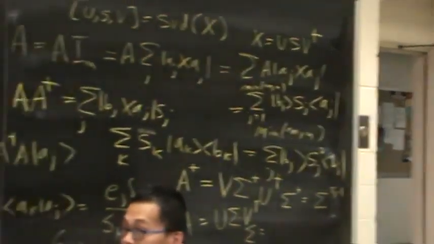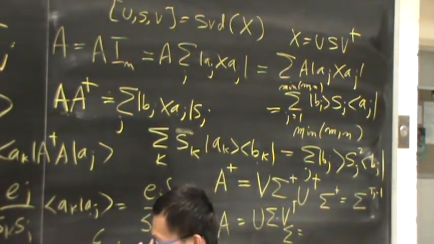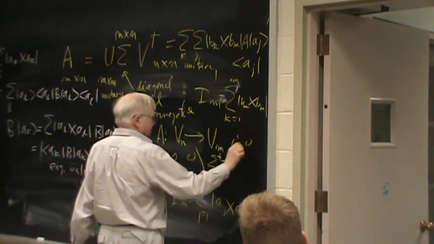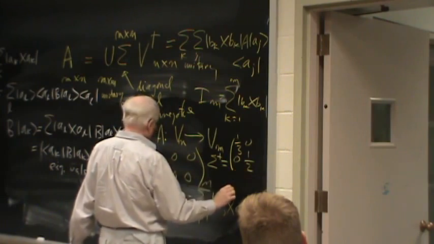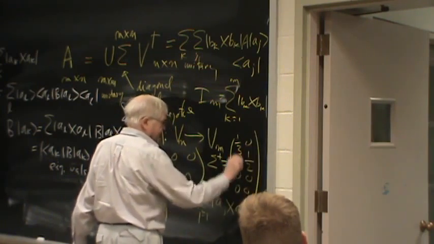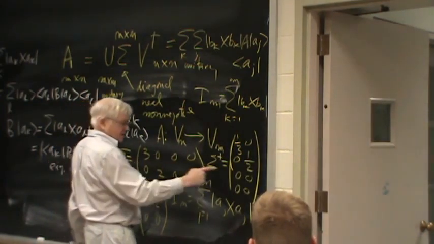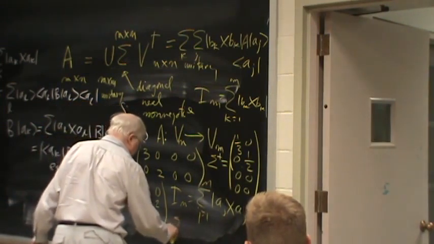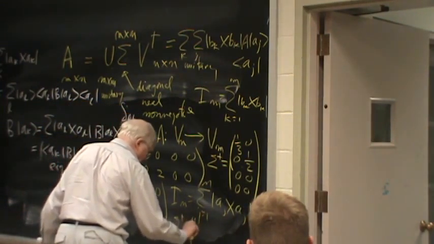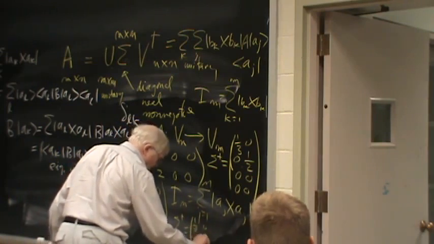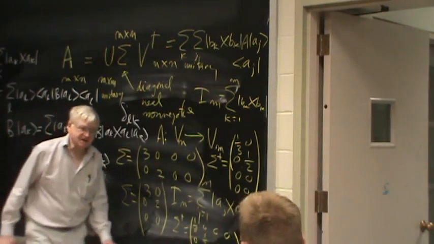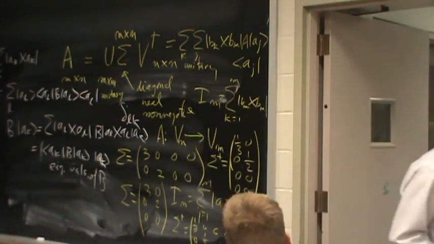Can you turn the camera? Suppose this is sigma. Sigma plus then would be 1/3, 0, 0, 1/2, 0, 0, 0, 0. So if this is sigma, that's sigma plus.